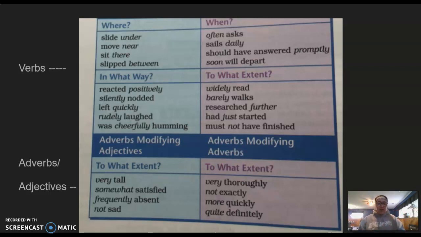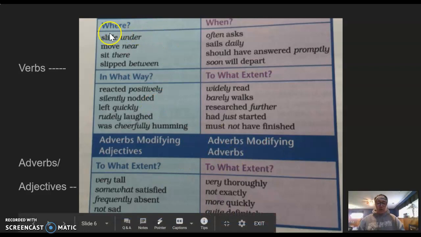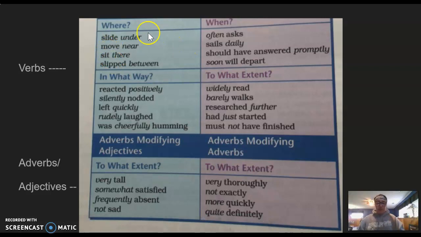Like I said, adverbs can answer all 4 questions about verbs. All of these are verbs here: slide, move, sit, and slipped. We can say where this action is being done: slide under, move near, sit there, slipped between. It can say in what way the verb is being done: reacted positively, silently nodded, left quickly, rudely laughed, was cheerfully humming.